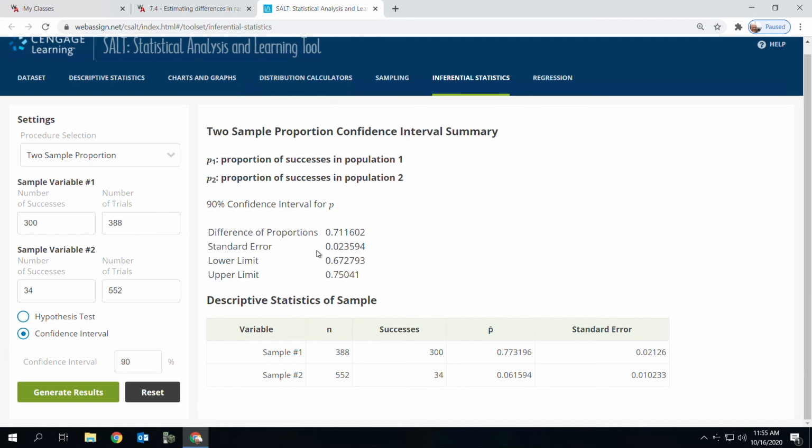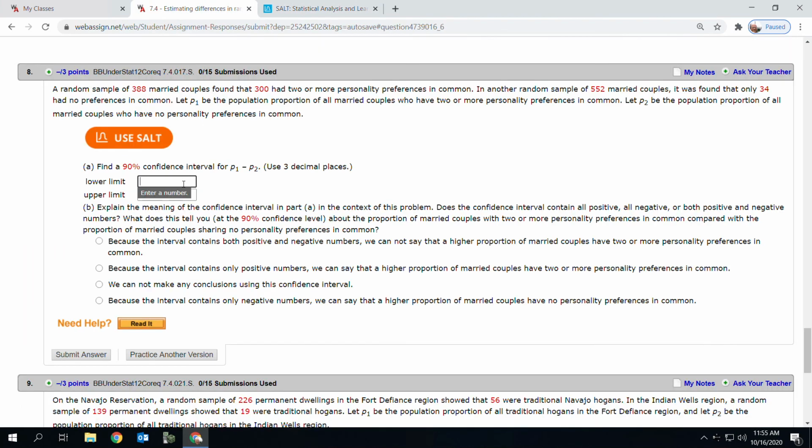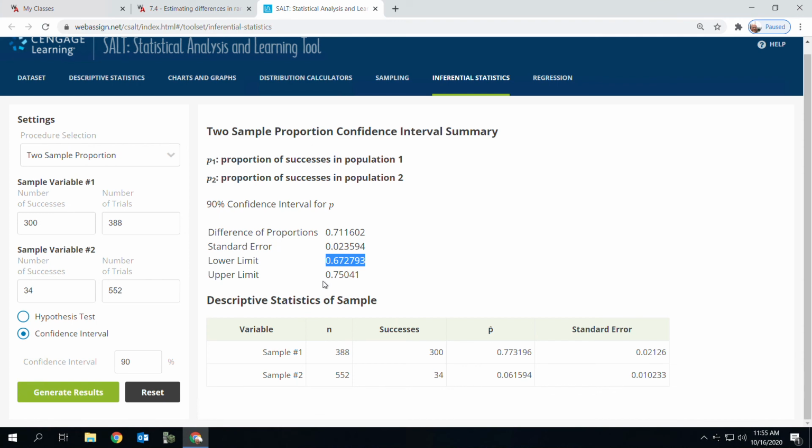Okay, so the difference in P, P1 minus P2, has a confidence interval from 0.67 up to 0.75. Let me copy these two values and paste.